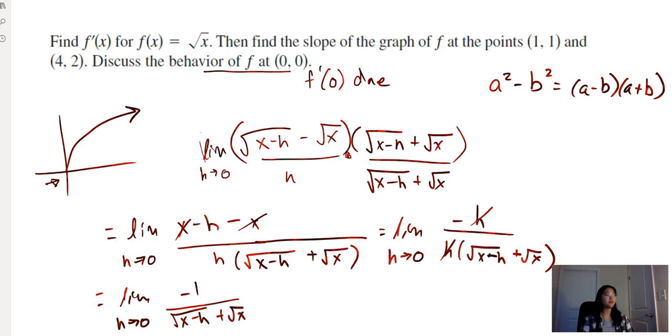Now I can evaluate because I don't have an indeterminate form, and I get negative 1 over square root of x plus 0, that's root x, plus root x, that's 2 root x. And that is my derivative.